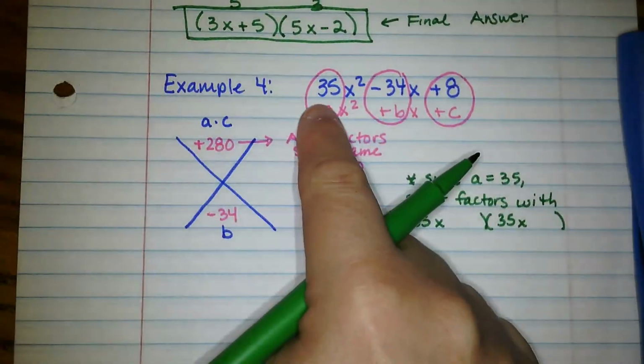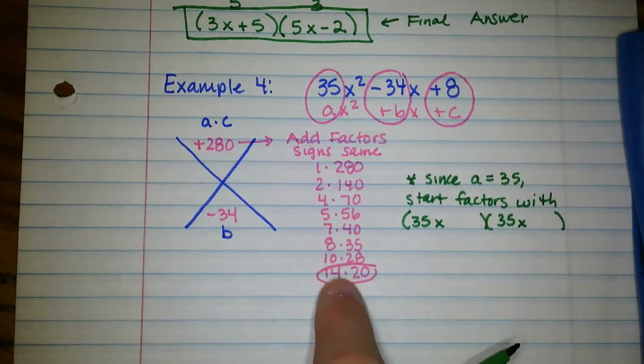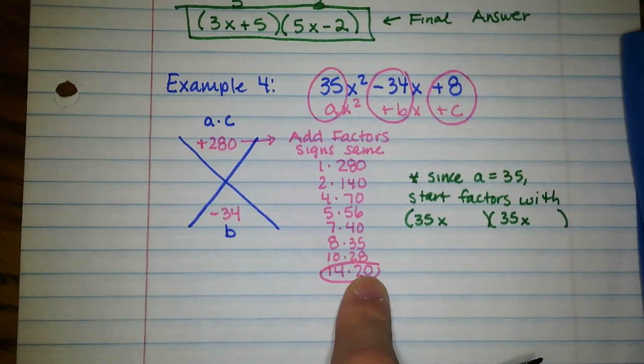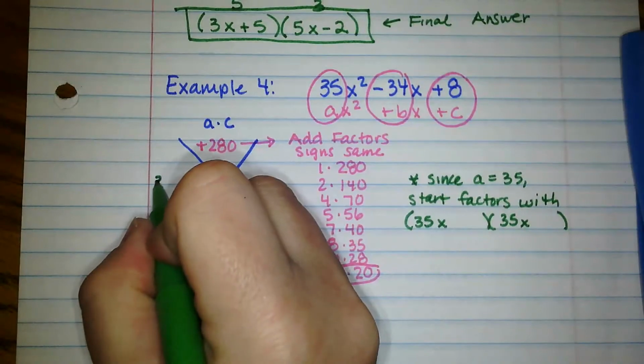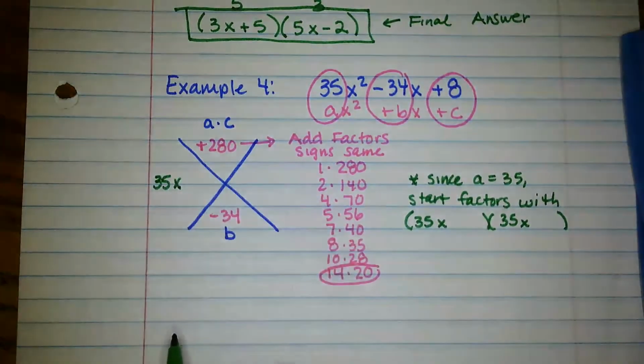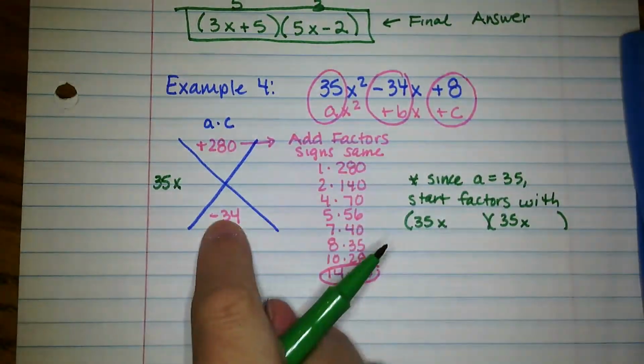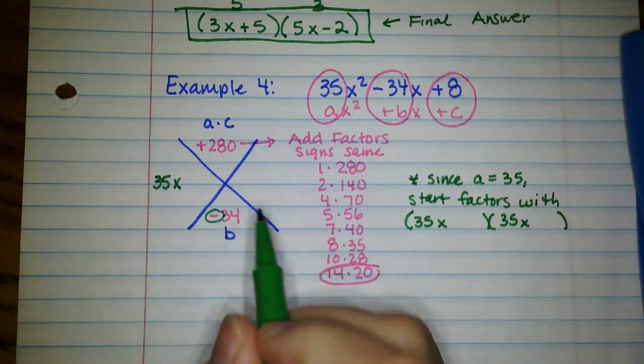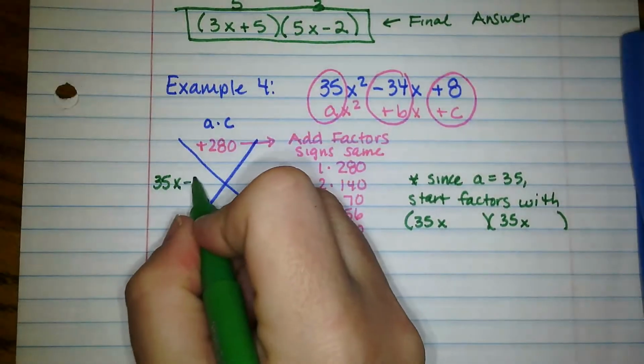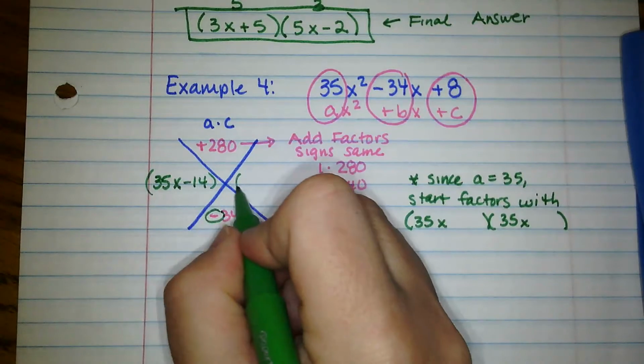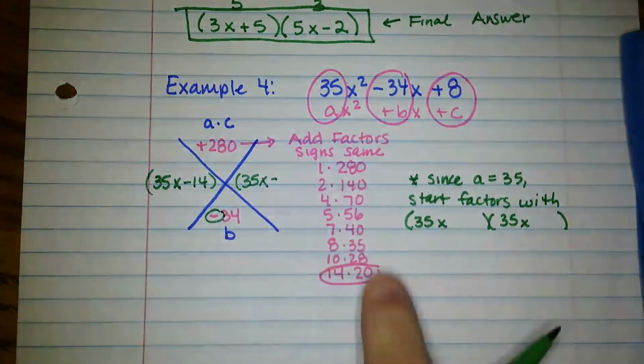So I picked this one because these numbers were difficult, but I'm showing you that it's easy to be done. Use a calculator. This is 35x, and our signs are the same, both minus. So minus 14 and 35x minus 20.